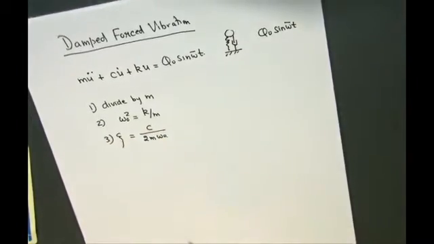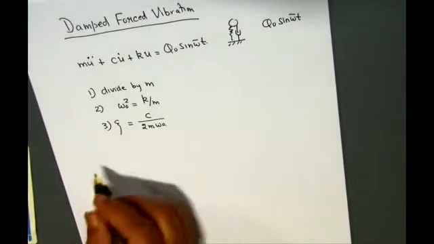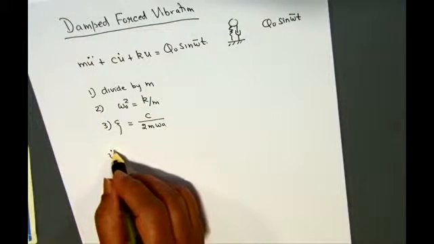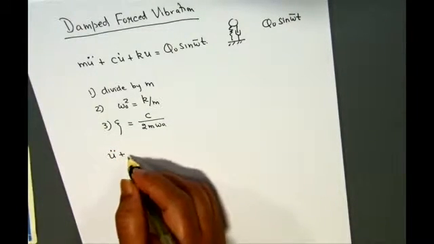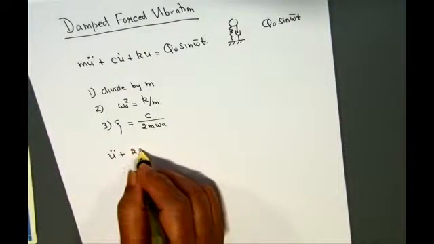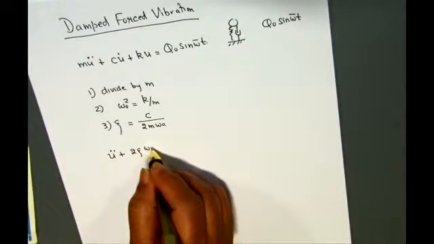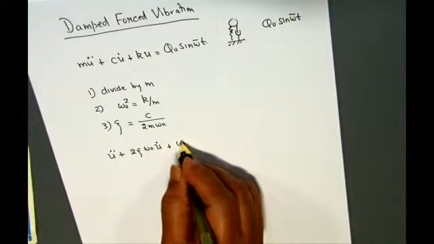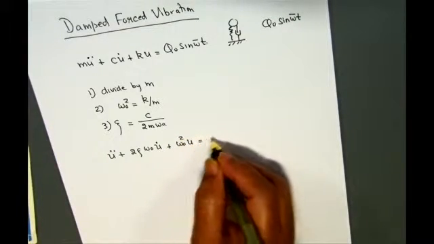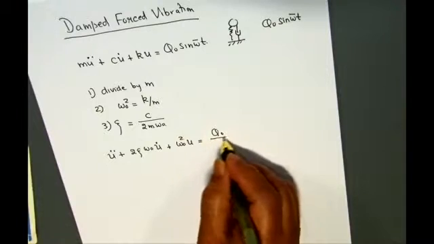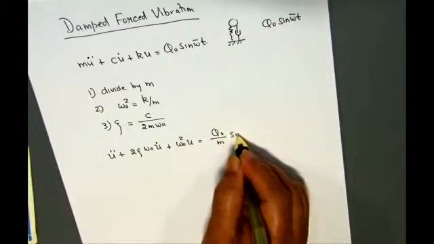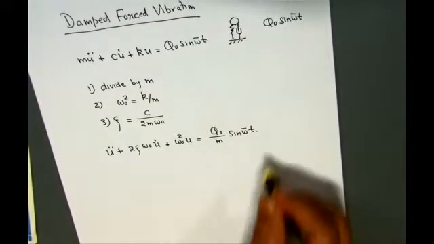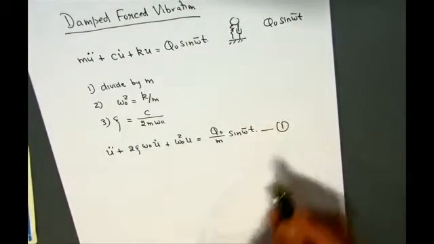So I'm going to substitute these values into this equation, and the equation turns out to be acceleration plus 2 zeta omega 0 velocity plus omega 0 squared displacement equal to q0 over m sine omega bar t. So this is our equation of motion. Let's call it 1.